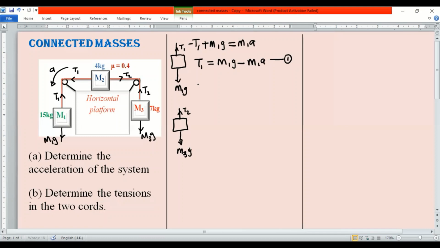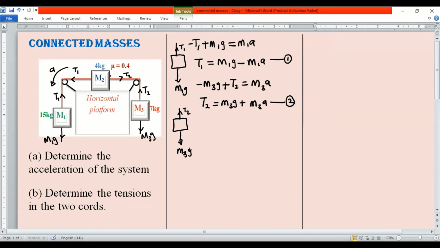So here you can have it as negative M3G plus T2 equals M3A. Now, if we make T2 the subject, you can have it as M3G plus M3A. We can also call this equation 2.